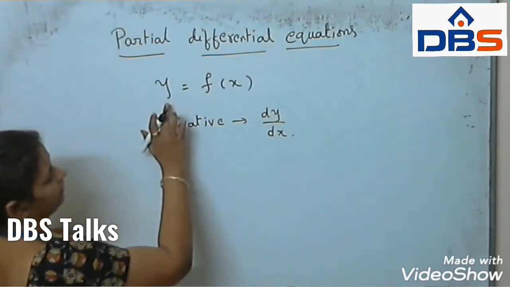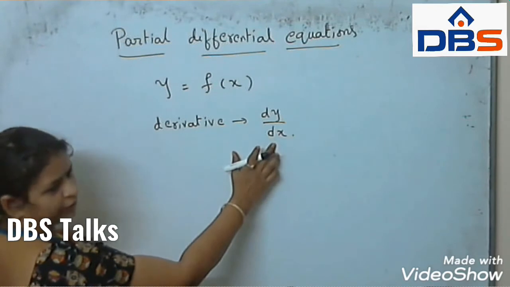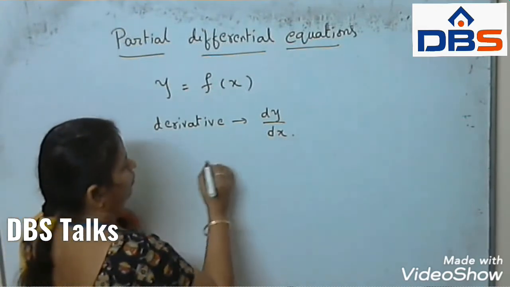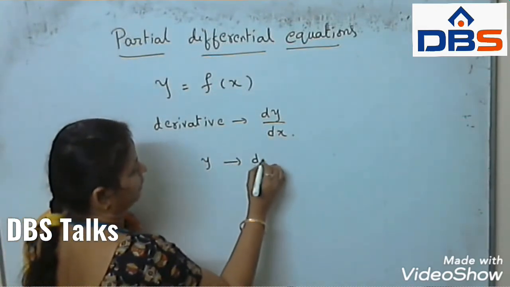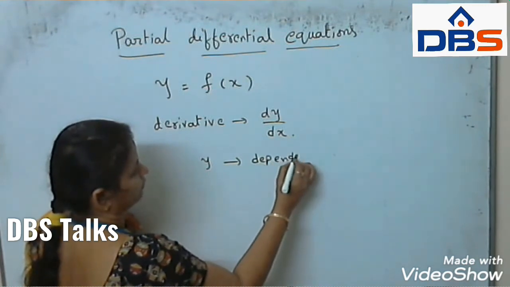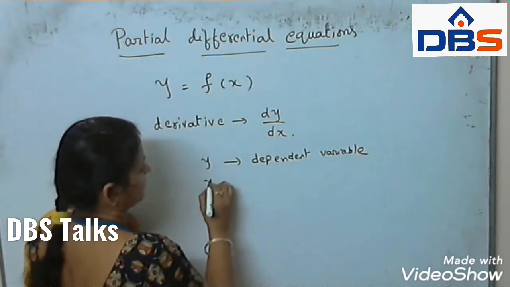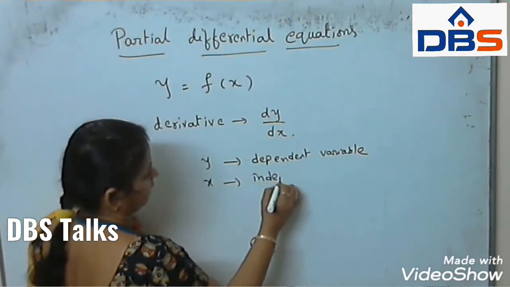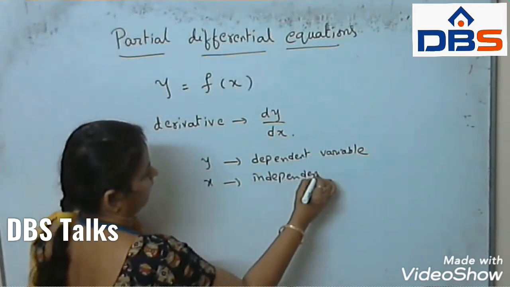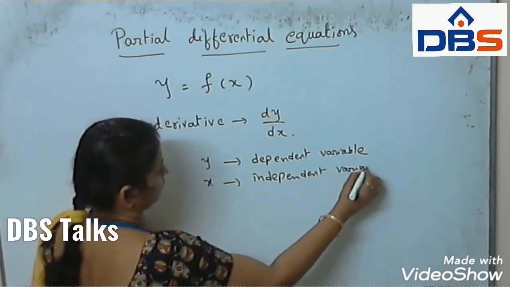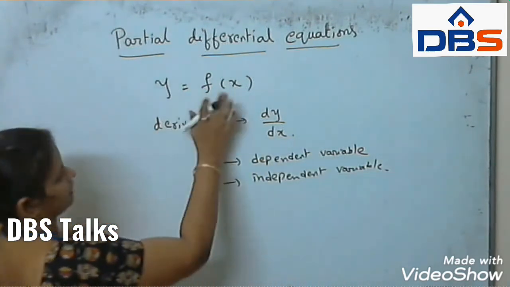That means we can differentiate y with respect to x. So y is called the dependent variable, and x is called the independent variable.